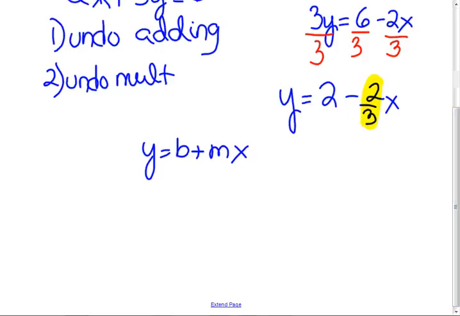So this is the slope. But I'm almost going to miss the negative sign, but I'm not. So the slope is negative 2/3. No x's. And b, what's b? Where do we begin? It's backwards, but that's okay. What's b? 2.